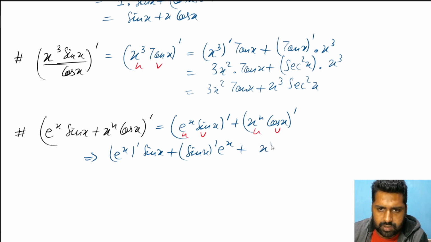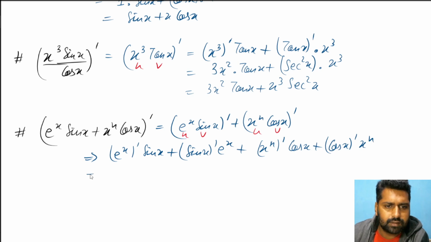Then x raised to power n differentiation, cos x as it is. Plus cos x differentiation, x raised to power n as it is. So it implies e raised to power x differentiation is e raised to power x only, sine x. Sine x differentiation is cos x, e raised to power x.